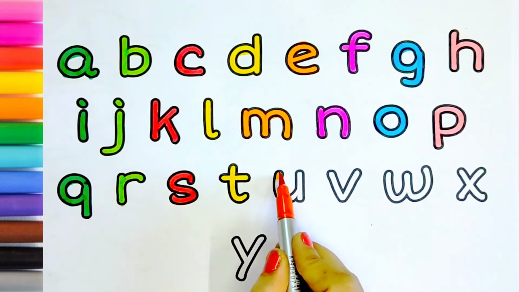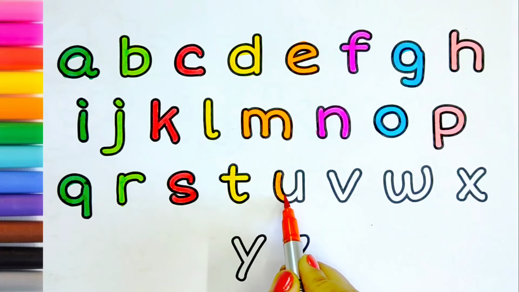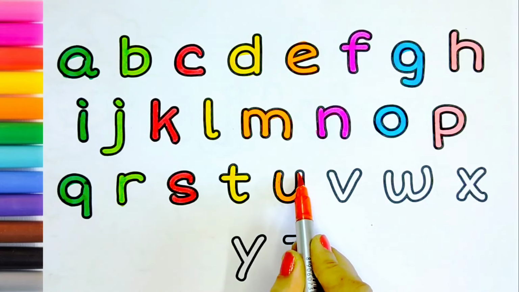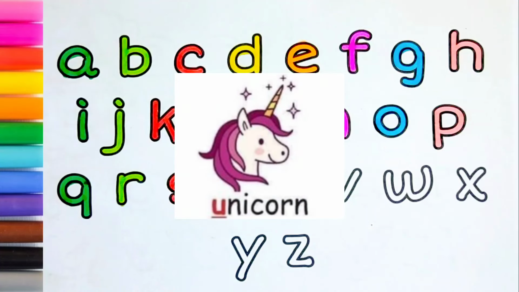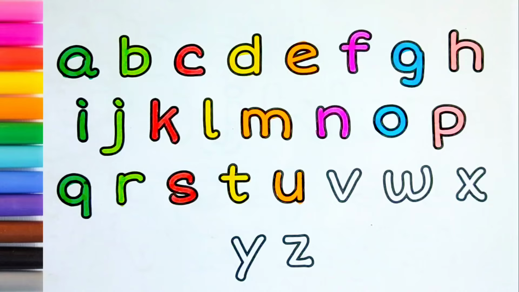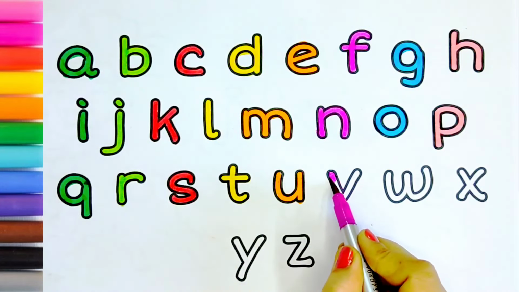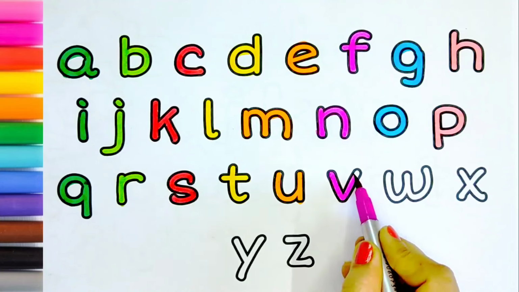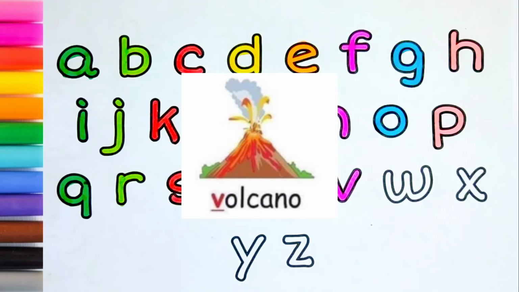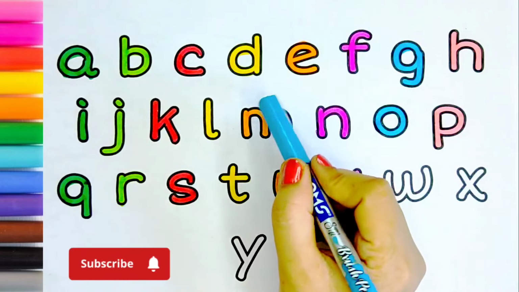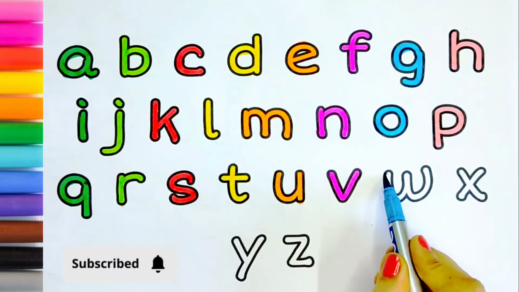Orange color. U. U for unicorn. Pink color. V. V for volcano. Sky blue color.